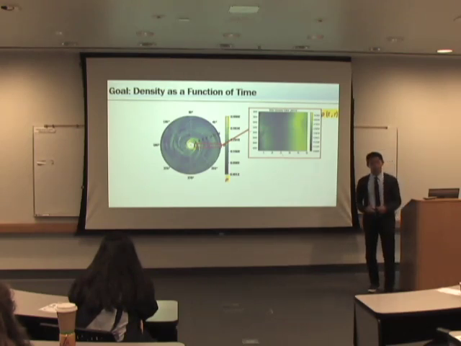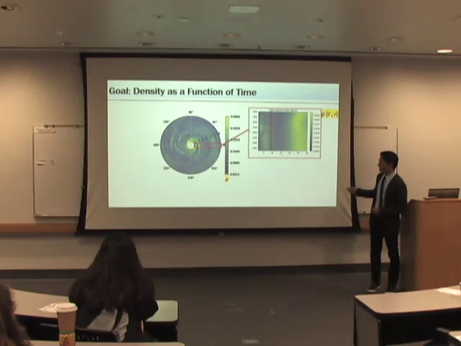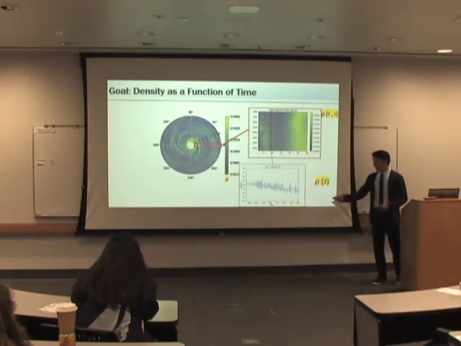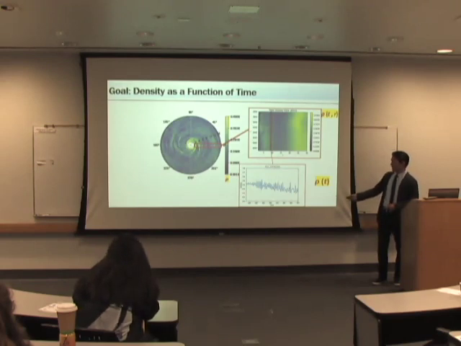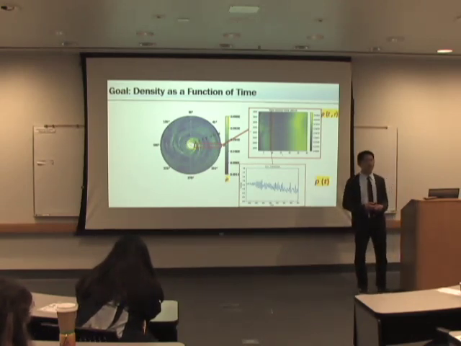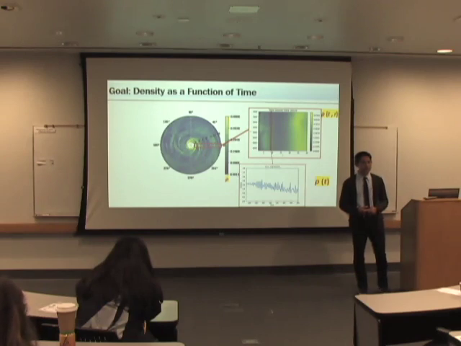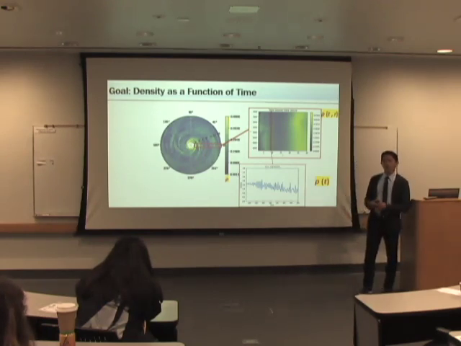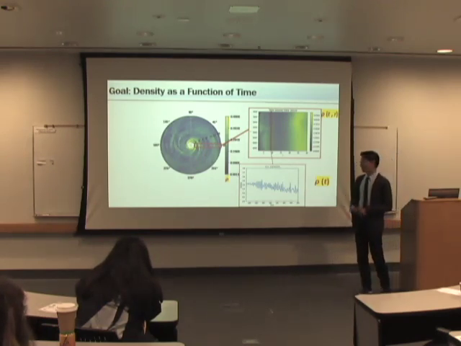But we want to be more rigorous with this. So we slice it in a region that looks very periodic to the eye, and we get our density as a function of time, as we initially wanted. And as we suspected, there is this regular periodicity visually. But of course, we want to run this through our Fourier analysis to see if there is indeed some structure, and if so, at what frequency it is ringing, so that we can compare it to the observational data available to us.